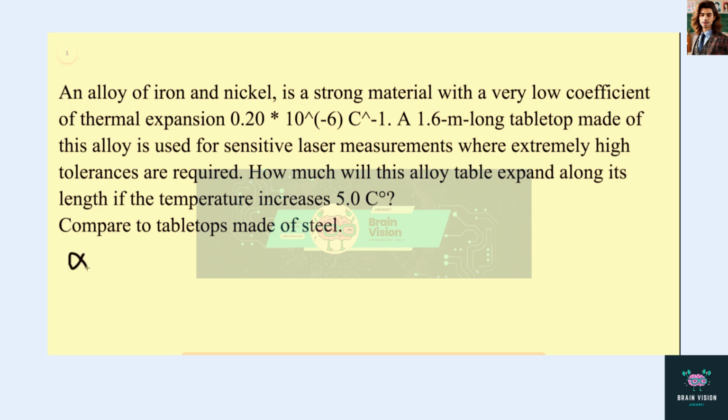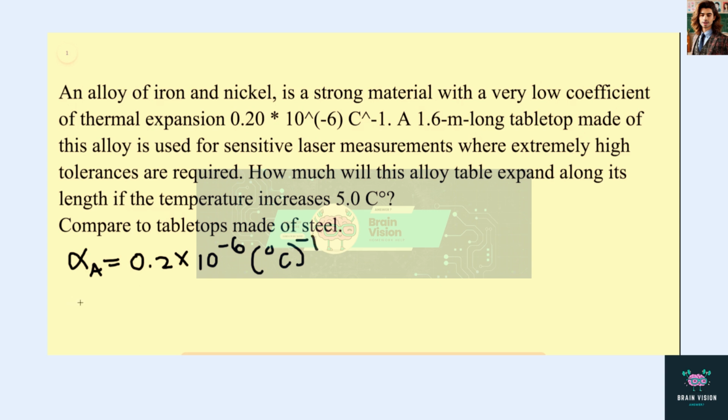So we give an alpha value to denote the coefficient of thermal expansion. So in this case, alpha A for alloy is equal to 0.2 times 10 to the minus 6, and the unit is degrees Celsius to the minus 1.